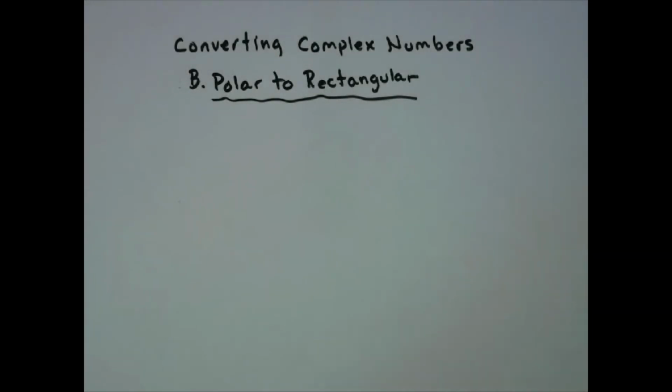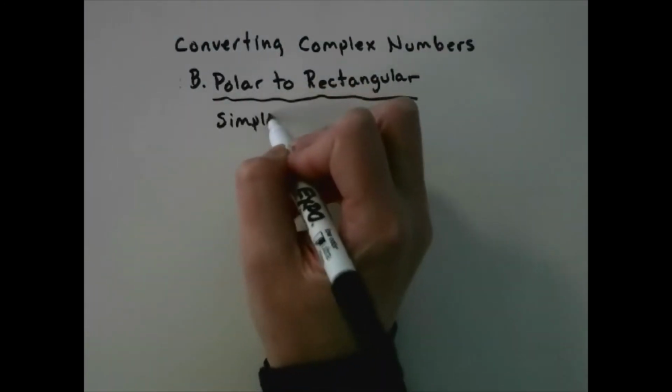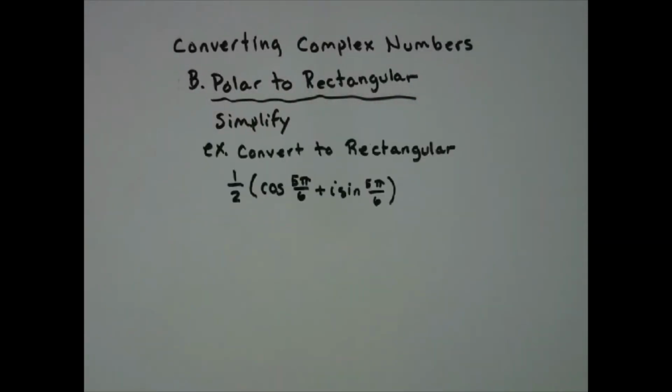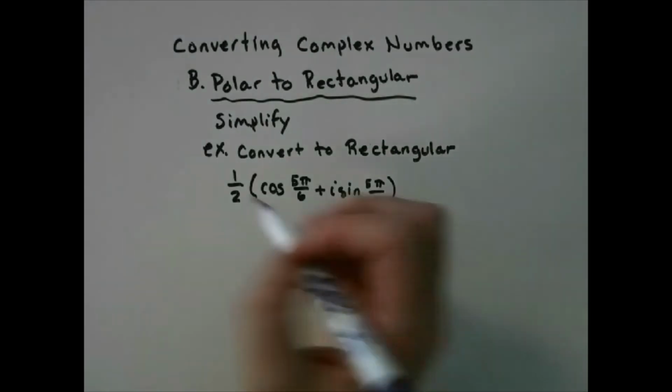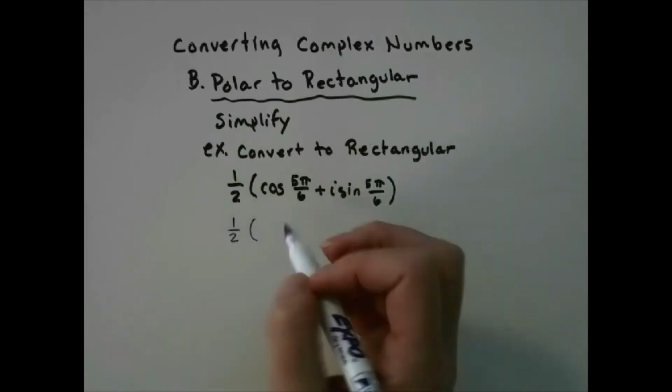Going the other direction is really pretty easy. You're going to do the math that you feel like you should be doing the whole time. All you're going to do is simplify the expression. So I'm going to convert to rectangular form. This is the polar form, and we're simply going to simplify. I'm going to start on the inside using the unit circle.